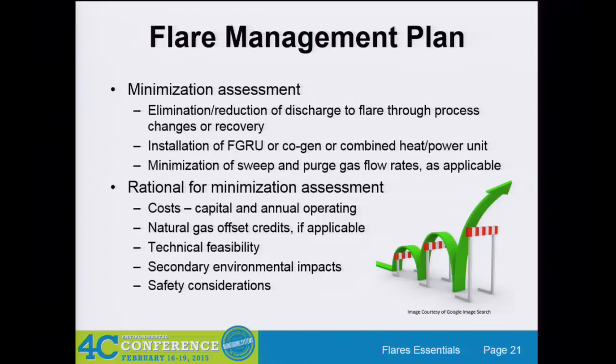You've already said you have to provide a list of all the connections. Now you need to figure out, did you look at all those connections to see if you can minimize the contribution from that connection? While you don't have to install flare gas recovery, you have to assess whether or not it is feasible to put in.